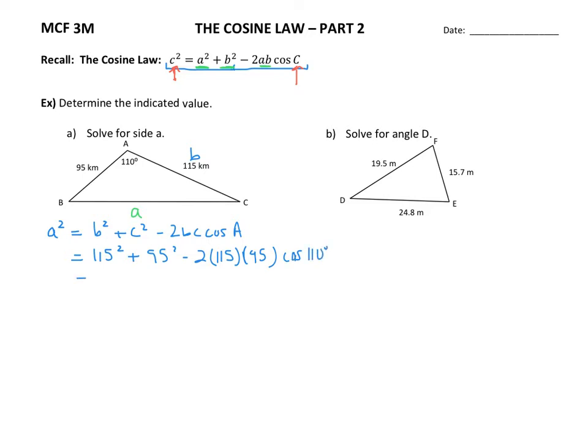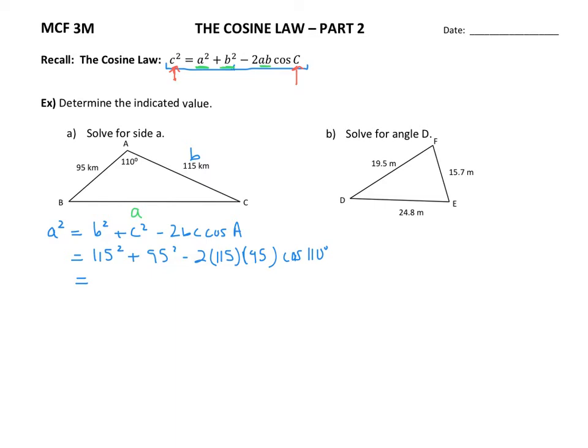And then remember, we're going to put this in our calculator in one fell swoop. 115 squared plus 95 squared minus 2 times 115 times 95 times 110 cosine equals.